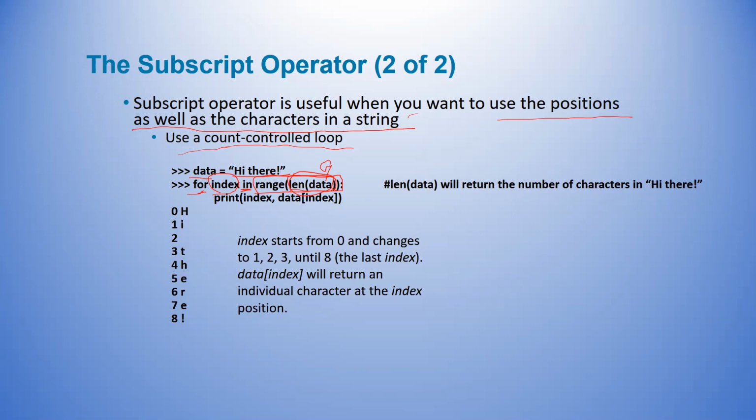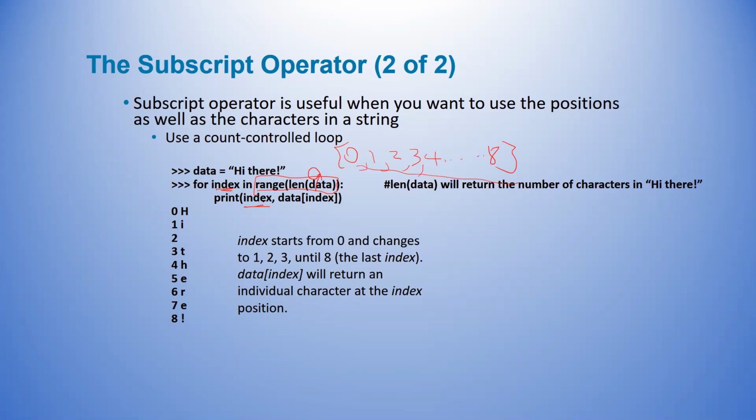And then print, let's see what we are printing. Print index. So index will range from 0 to 8, right? So remember, this will give you a list, which is like this: 0, 1, 2, 3, 4, 5, 6, 7, 8. The last one. It's 9 here, but 9 is not included. So that's the list. It will go through that.